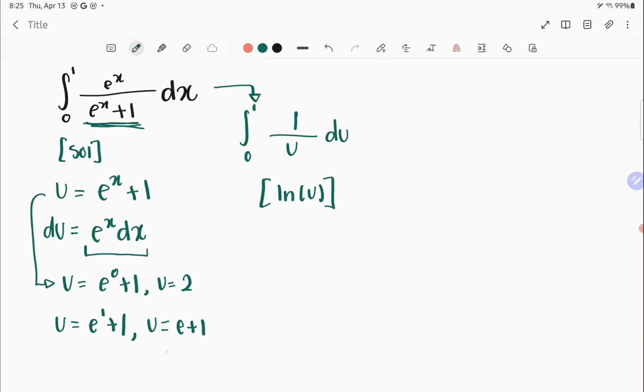Now we have our upper bound and our lower bound. So let's also replace those. So our lower bound goes here, upper bound goes there. Lower bound is simply 2. Upper bound is e plus 1. Then it's just a matter of replacing these in this natural log of u. So we get natural log of e plus 1 minus the natural log of 2.